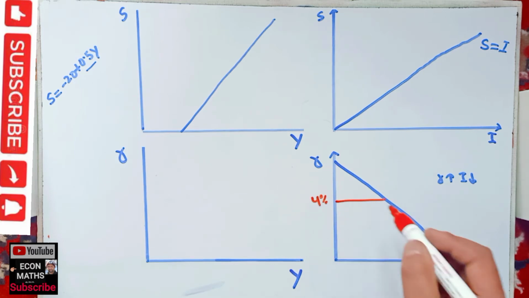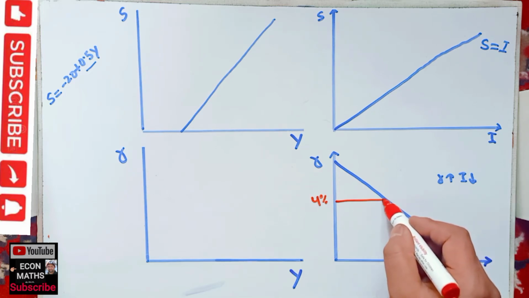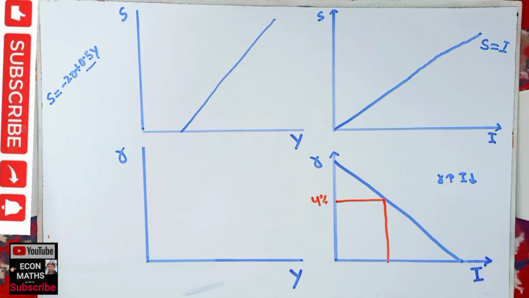Now corresponding to 4%, let us say we have the investment of $40 million. That means when the rate of interest was 4%, the investment level was $40 million, let us say.